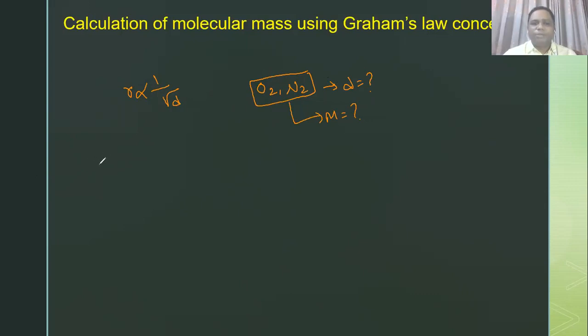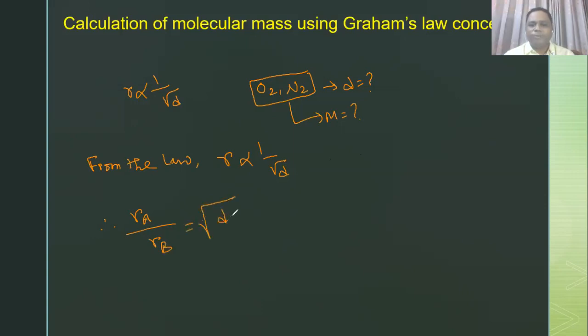So let's start. From the concept of Graham's law, R is proportional to 1 by root over d, and for two gases, we derived earlier, Ra by Rb equals root over dB by dA. Density is mass per unit volume.